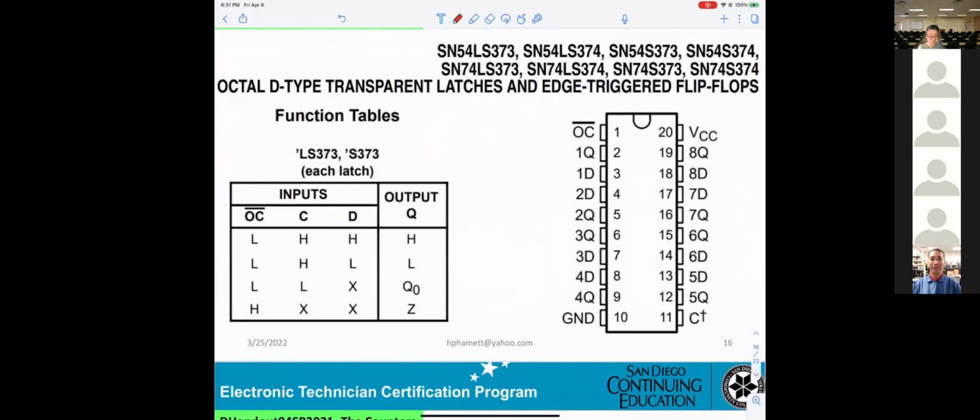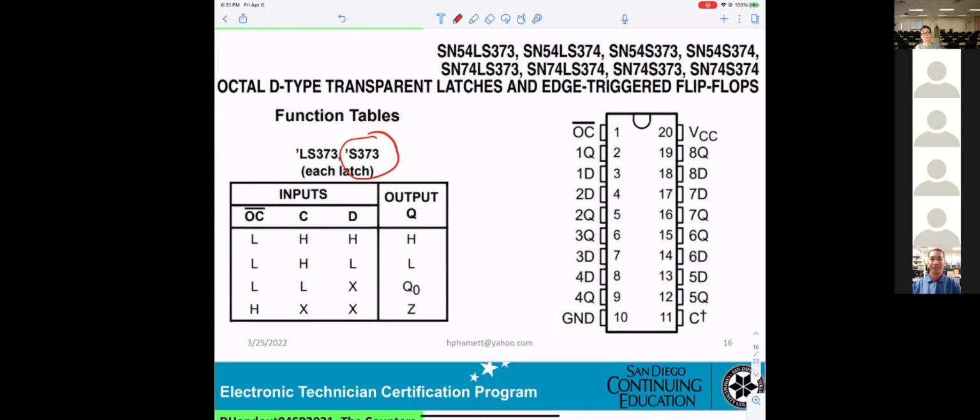Now, try to see on this one. 373. That's a D flip-flop. I just try to help you to see how you make it work.